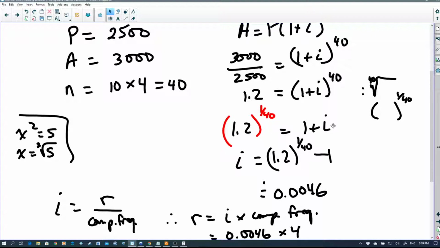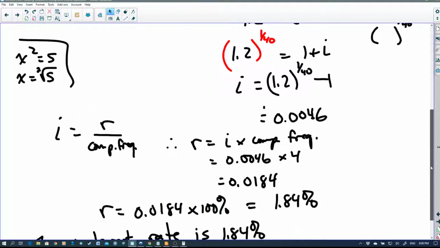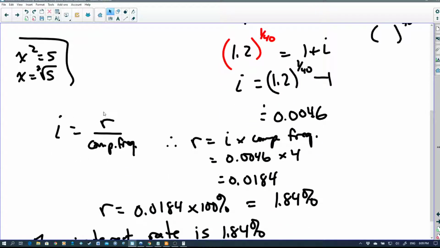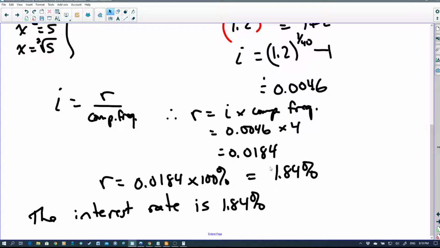You have to subtract by 1 to get i by itself. And then we have a similar issue to n, where we have to remember that i is equal to the rate divided by the compounding frequency. We have to undo that division, therefore multiply by the compounding frequency, and then you really should write the answer as a percentage instead of a decimal, so we just multiplied by 100% to get our final answer.